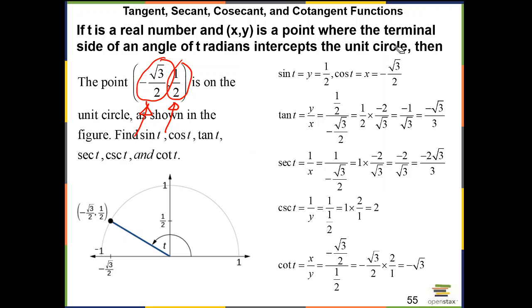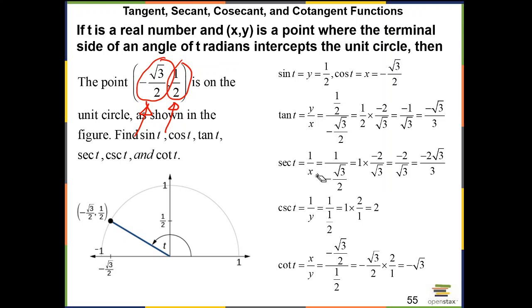So here you go. This is sine, which is the same as y, so it's 1/2. Cosine is negative square root of 3 over 2. Tangent is y over x, and if you do a little bit of calculations on fractions, we end up with square root of 3 over 3.